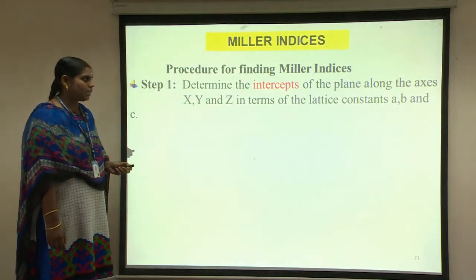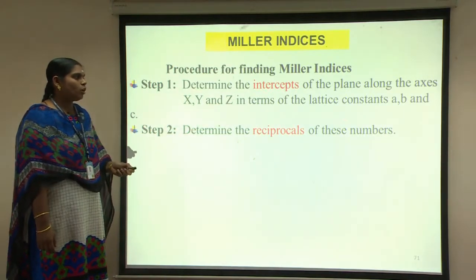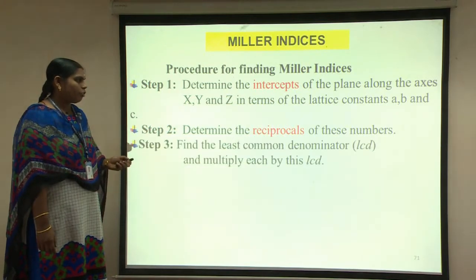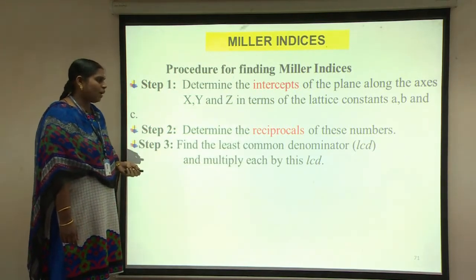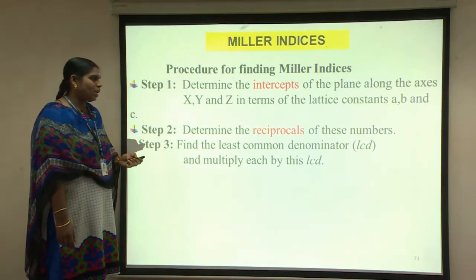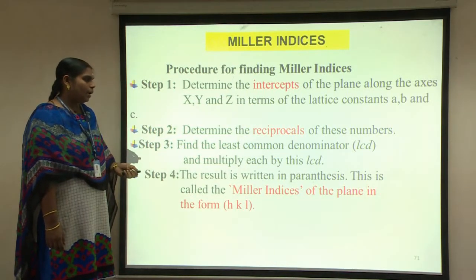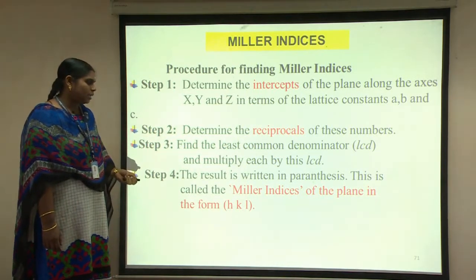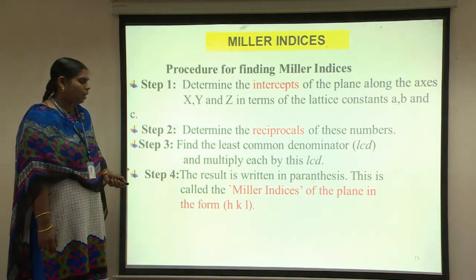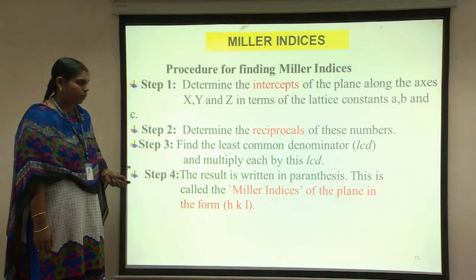After finding the intercepts, we find the reciprocals of these numbers. After finding the reciprocals, we find the LCD, the least common denominator, and multiply each reciprocal by that LCD. The numbers we get are the Miller indices, represented as h, k, l within parenthesis, used for the designation of a plane.